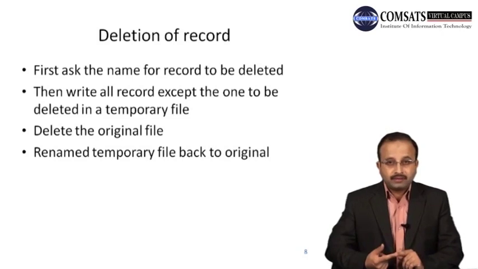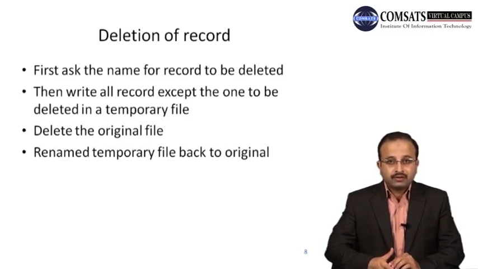First you have to make sure that the file pointer is at the beginning of the file. Then you ask the user to input the name of the record to be deleted. Then you start reading the records from the original file, and you create a temporary file, and copy the record into the temporary file if the name of the record is not the same as input by the user.